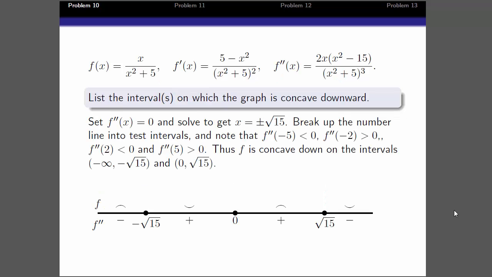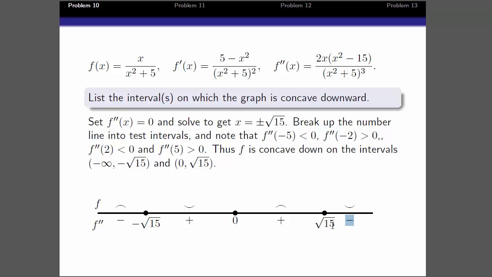Okay, for concavity, we need to break up the number line once again. We do that by setting the second derivative equal to 0. And in that case, we get 3 solutions: negative root 15, 0, and root 15. That breaks up our number line into test intervals. And, oh no, error on my slide. I think we had a negative and a positive.